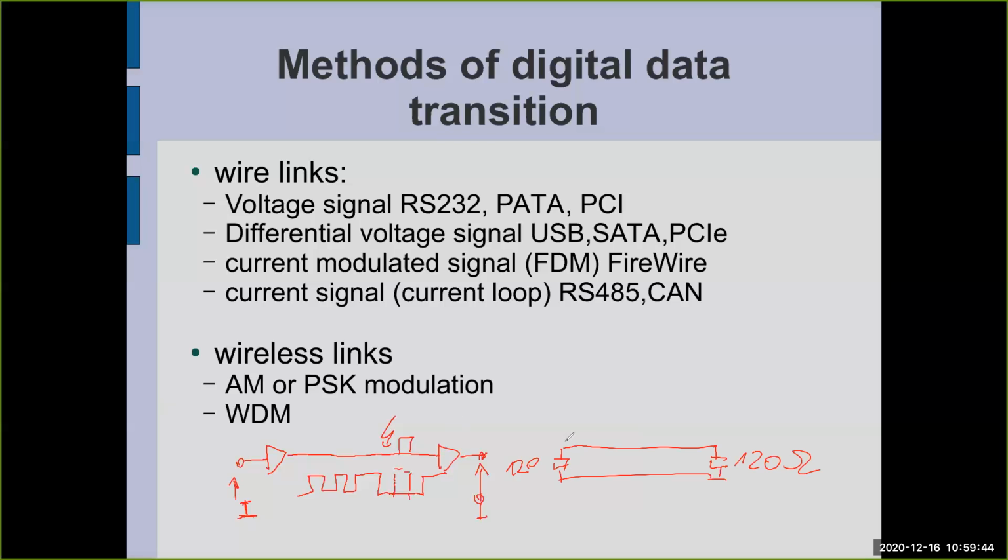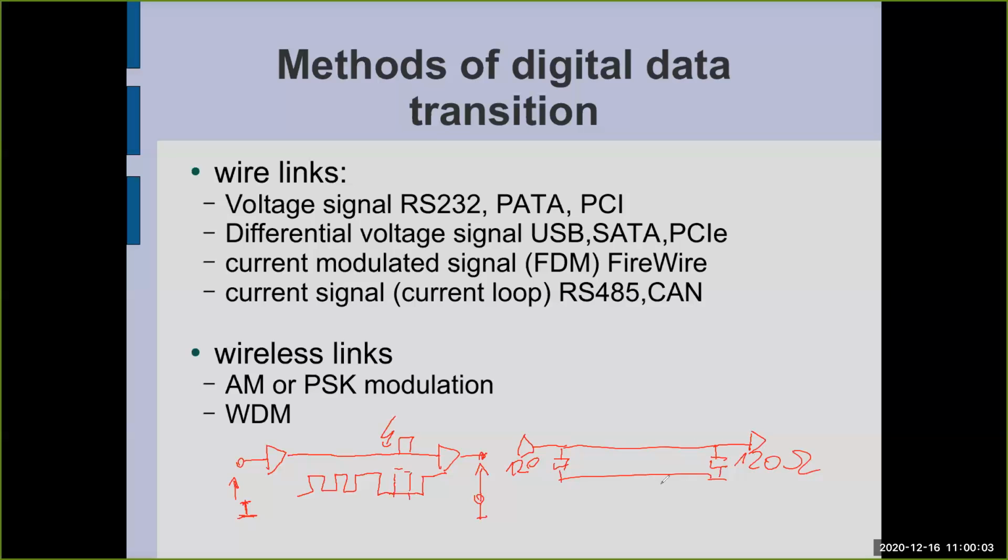Here I have the transmitter, and here the receiver. If the transmitter generates a voltage signal, the current flows.